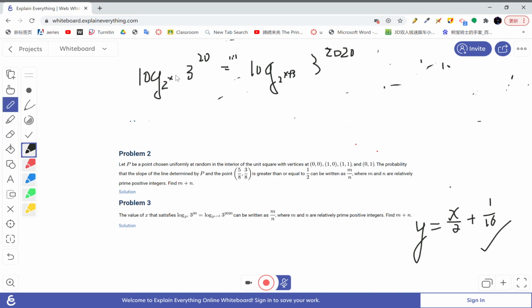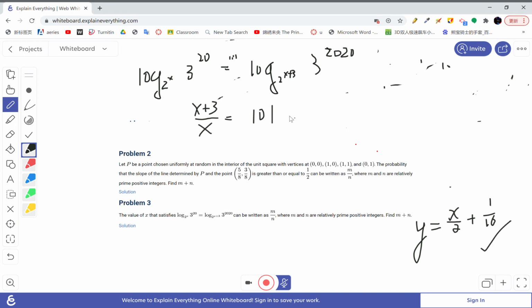If we know the basics of logarithms, then we know that if the exponents of the same base are proportional, then these must have the same ratio between the two. So we can just set up an equation, right? (x plus 3) over x is equal to 101 because 2020 divided by 20 is equal to 101.